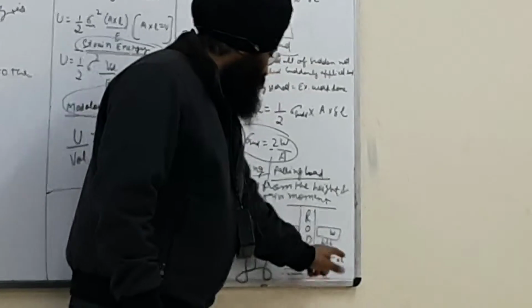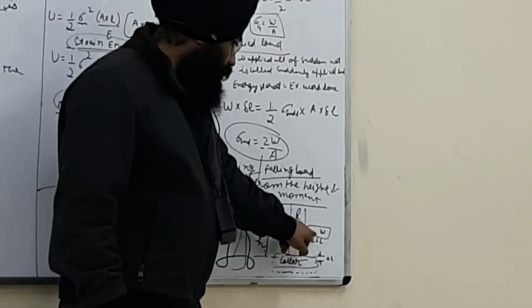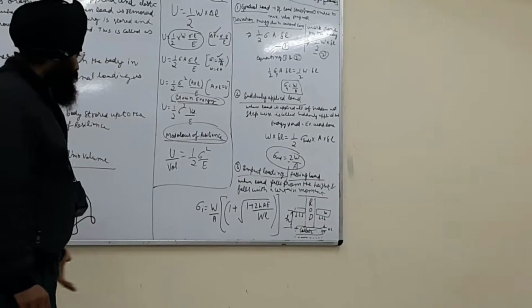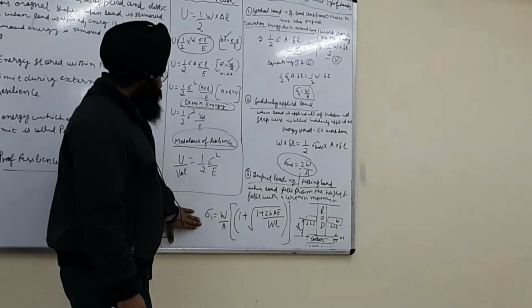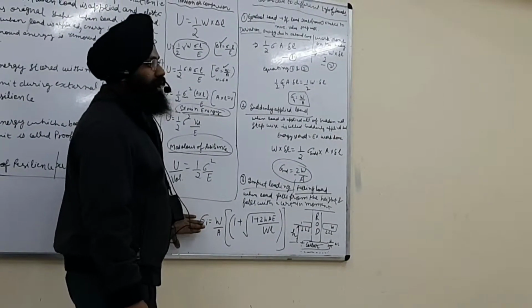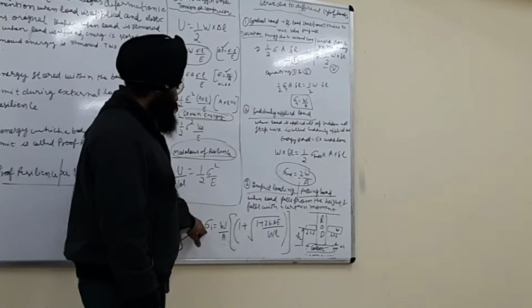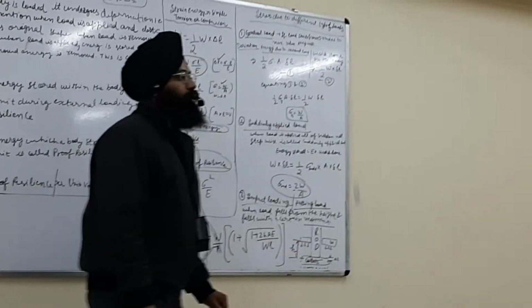This is delta L, and h is the height from which it is falling. W is the load, E is the Young's modulus of the material. So we get the relationship for the impact loading case: stress is W by A into 1 plus the square root of 1 plus 2hAE divided by WL.